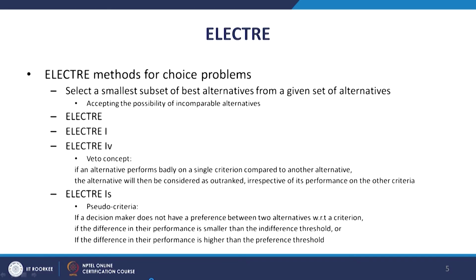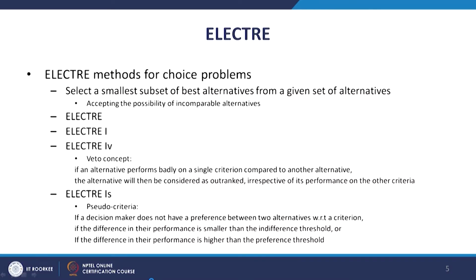By choice problem we mean that we are supposed to select the smallest subset of best alternatives from a given set of alternatives. Why are we not saying the best alternative? Because under the outranking school of thought, something we discussed in the introductory part of the course also, we might arrive at incomparable alternatives. Sometimes in the comparisons we might get equivalent alternatives which cannot be further compared, so we can reduce to a smaller set of alternatives.